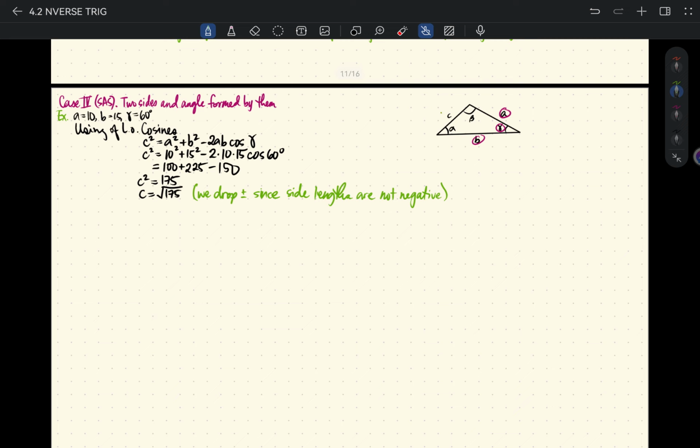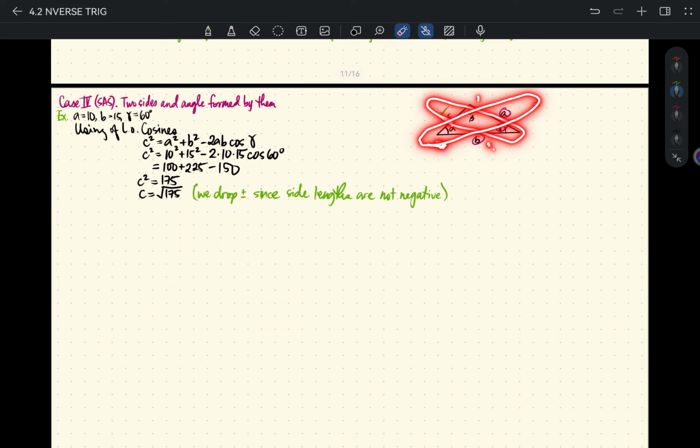And what's left is alpha and beta. How can we find them? Observe that since you already have C and gamma, we can choose either A and alpha or B and beta, since we already know B and A. So for this example, let me use A and alpha, but you can also try to use B and beta.